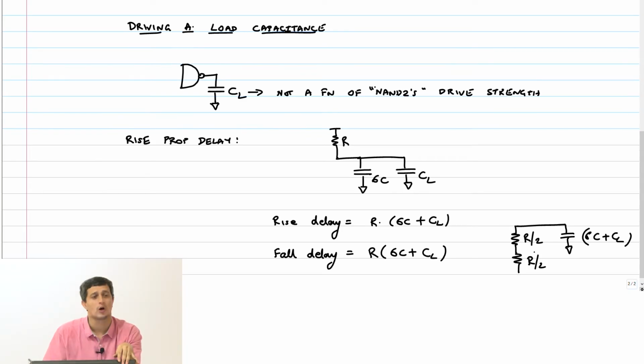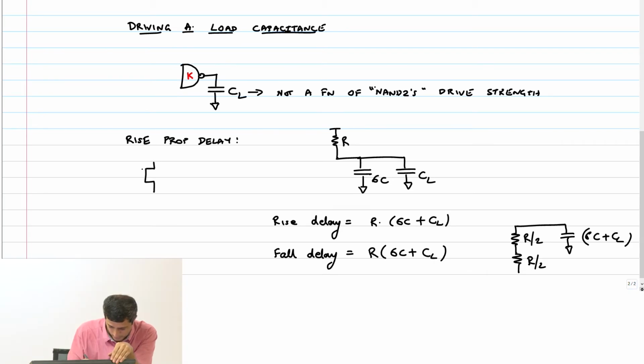Now the question is, what happens if I increase the drive strength of this gate? This NAND gate, I am now going to make it stronger by a factor of k, which means all transistors in this gate will be upsized by the factor k.